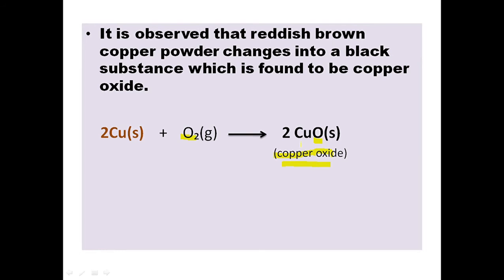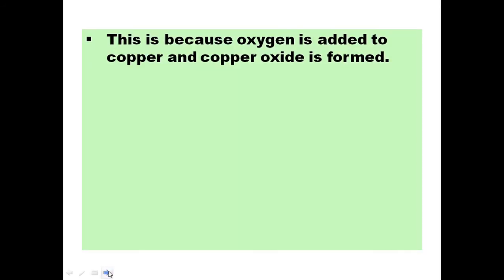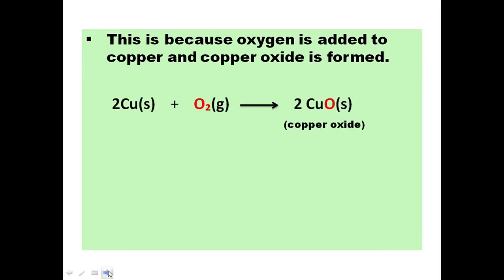Now another important concept is required, that is oxidation. So we have seen oxygen is added to copper and copper oxide is formed. If we see the equation again, we can see where the gaining of oxygen has taken place. This is copper on the reactant side, and you can see the interconversion of oxygen over here.